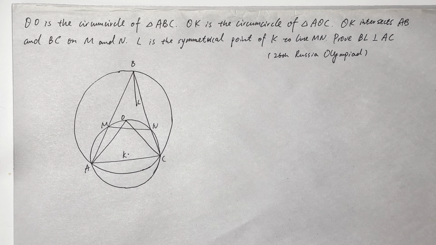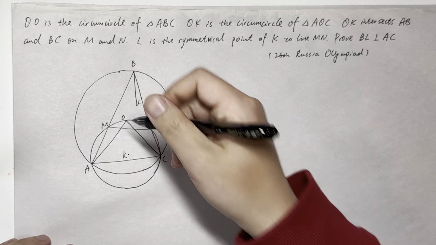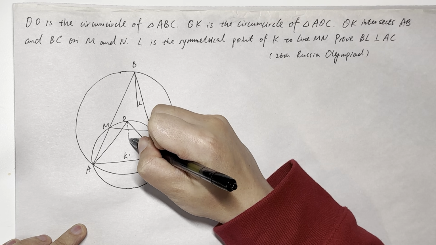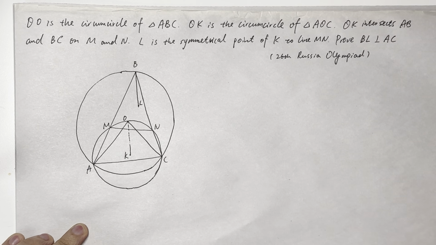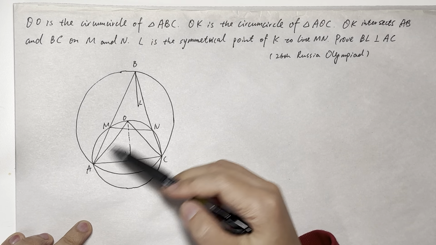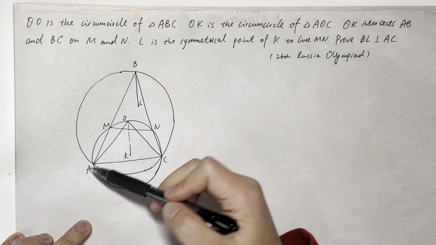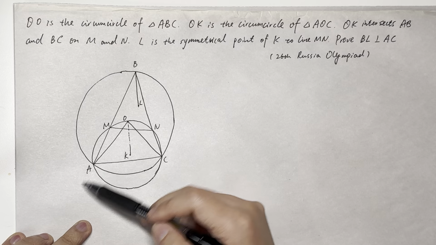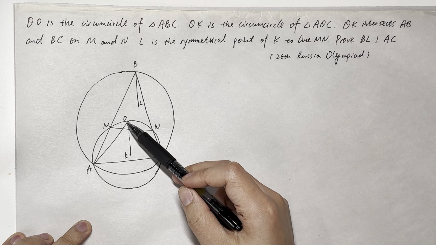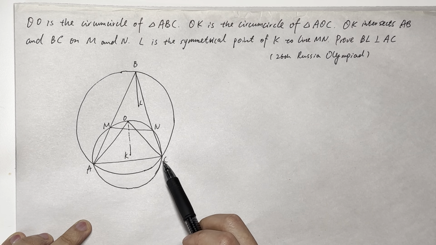So for this problem, can we find any line perpendicular to AC? Yes, it's very obvious. OK is perpendicular to AC. Because A, B, C are on circle O, OA equals OC, so O is on the perpendicular bisector of segment AC.